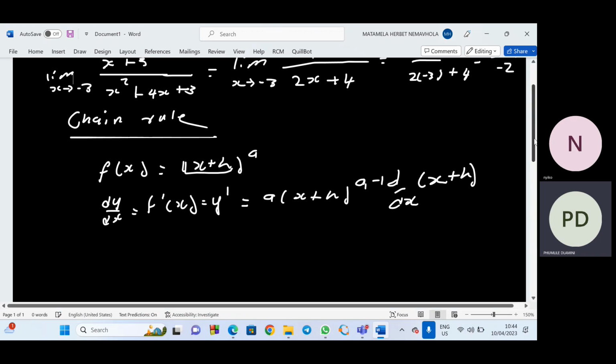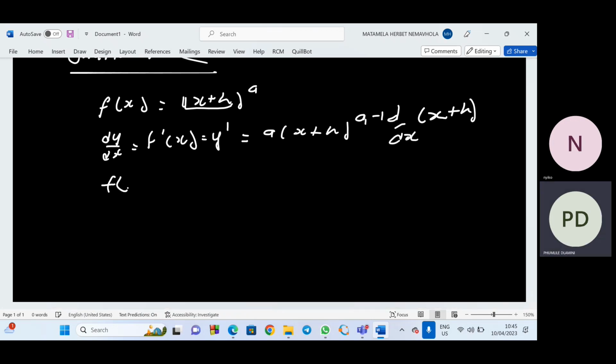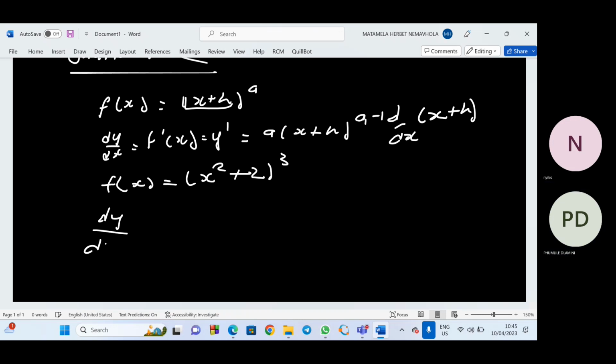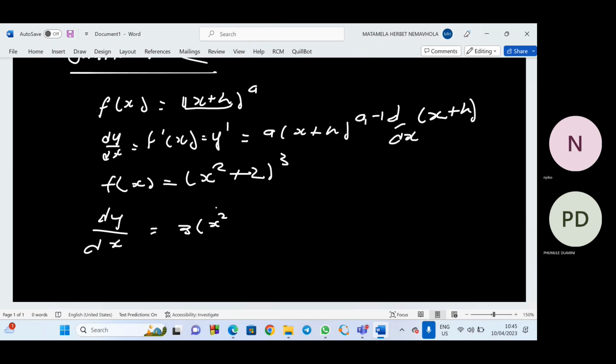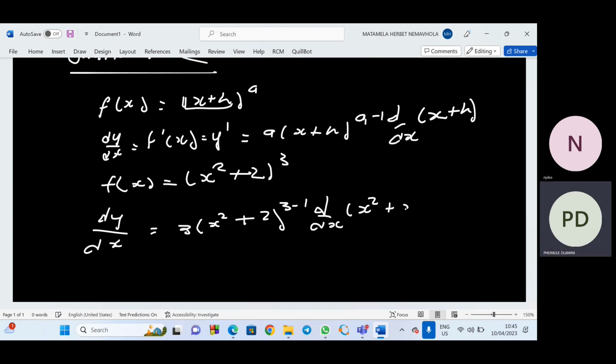In a concrete example, if I have a function f of x equals (x squared plus 2) to the power 3, and I have to find my dy over dx, then dy over dx equals 3 goes down, in brackets (x squared plus 2) to the power 3 minus 1, times d over dx of (x squared plus 2).